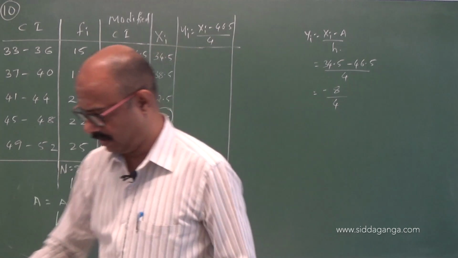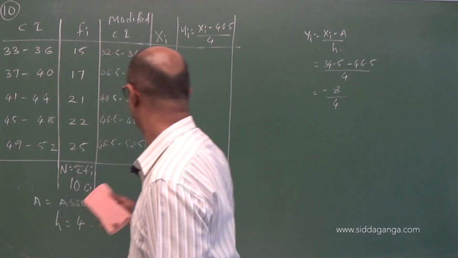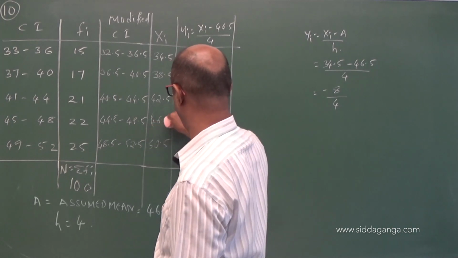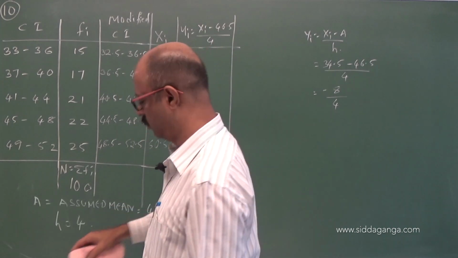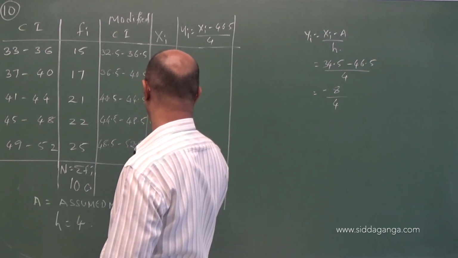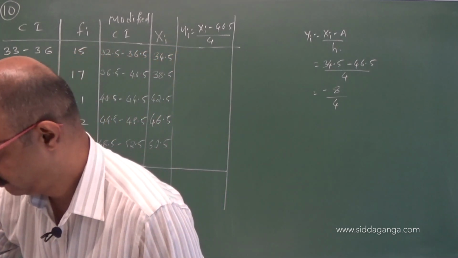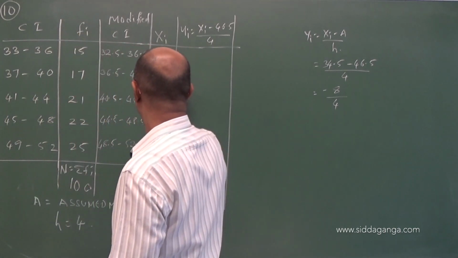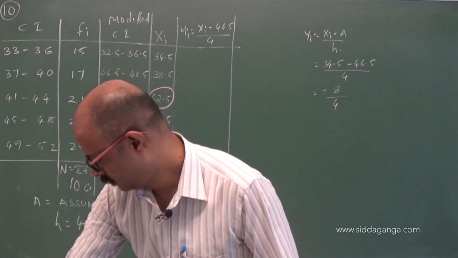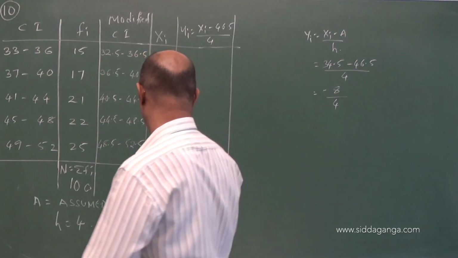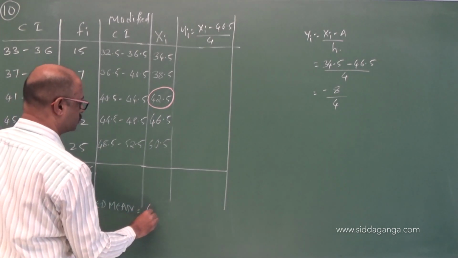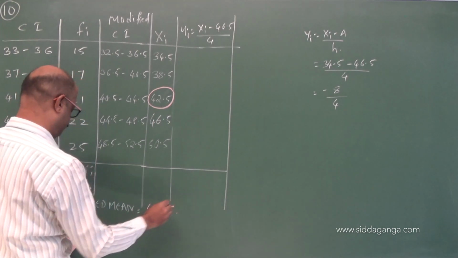Midpoints, we will have it like this. You find 42.5 as the middle one. So we'll go for 42.5. This is 46.5. Middle one, we find 42.5 here. So we'll select the assumed mean as 42.5.